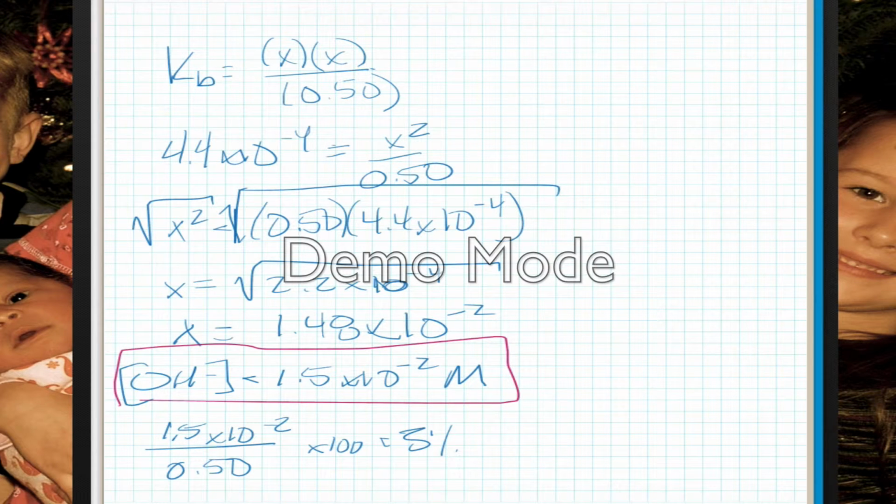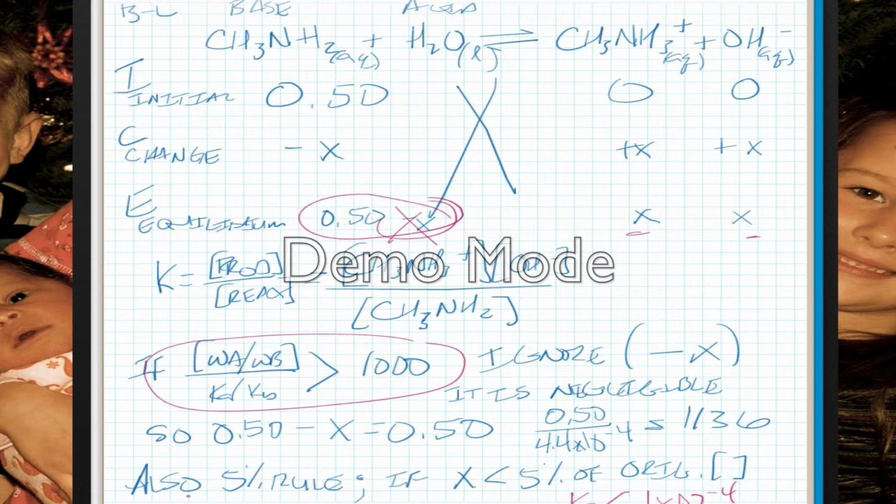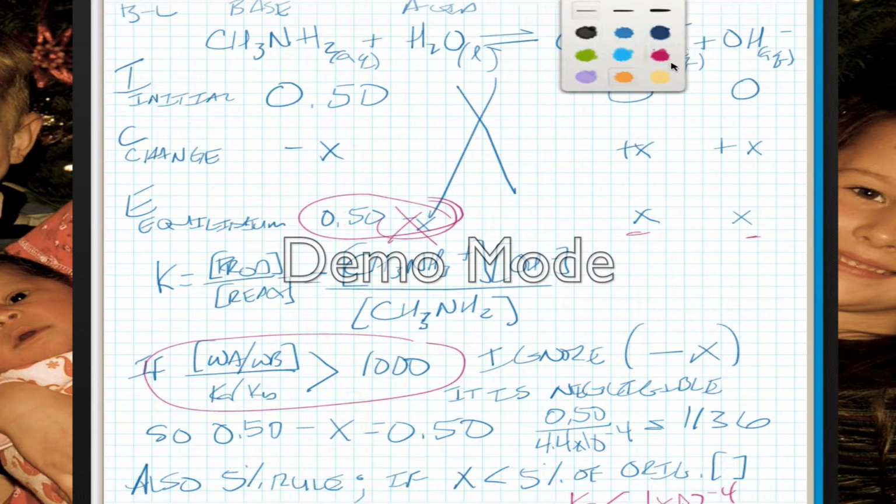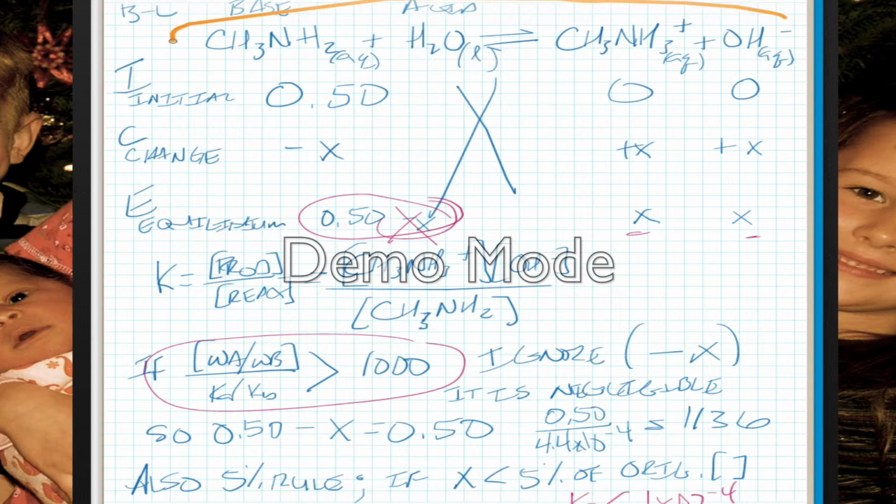So just to go back for a second, there are several steps you're going to need to do when solving this problem. And we'll highlight those in orange, let's say. So here's the problem up here, right? Given the problem, you're going to have to do several things. One, you're going to have to write this equation right here. Okay, it's this dissociation equation.